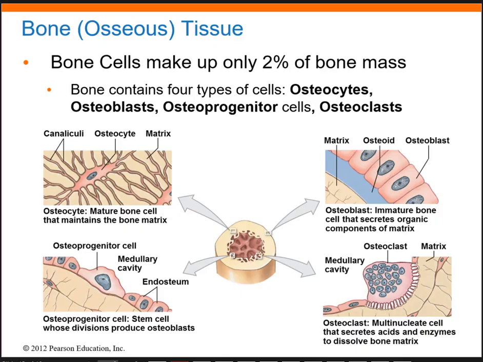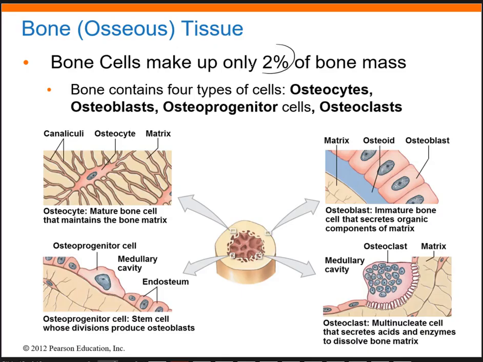Okay, so I told you guys that bone cells make up only about 2% of bone mass. So the bone is mostly matrix. There's not very many cells present. But the cells are very important because they're the ones that actually make the matrix.